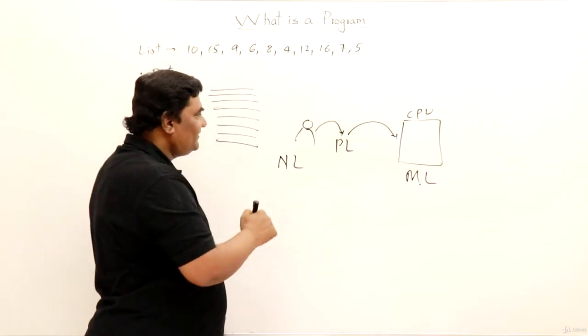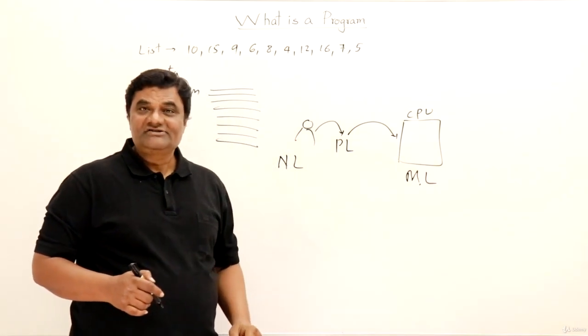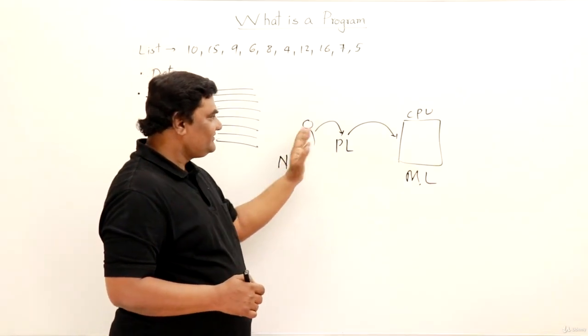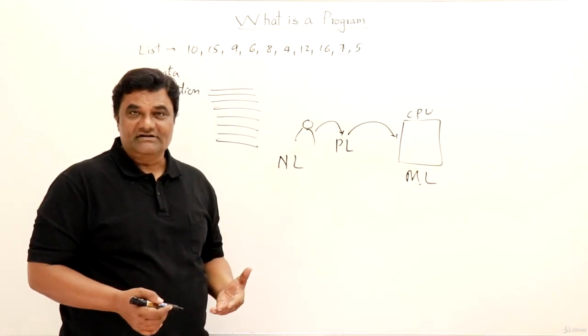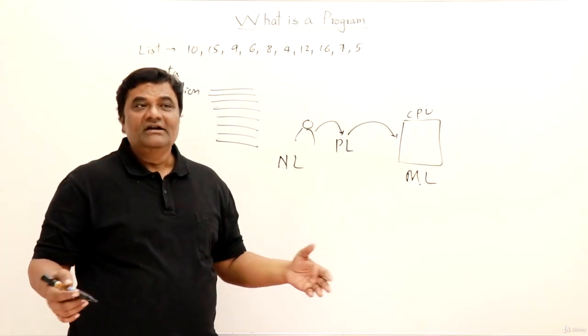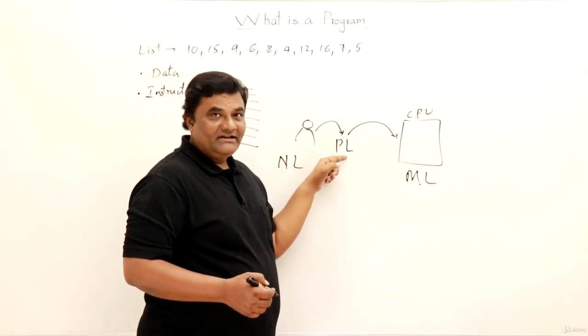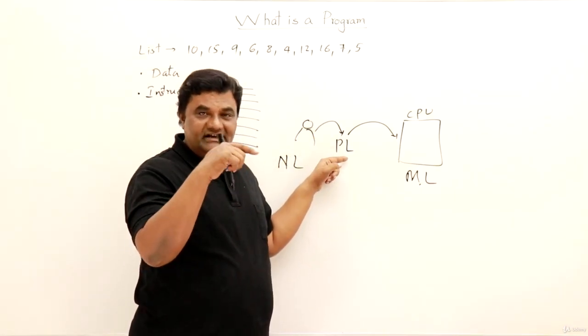So from natural language to programming language, then programming language to machine language, translation is done. This translation is not available by itself, we have to learn it. If that translation were available, then anybody could do programming. You would just say it, and it would become a program. So we have to learn a programming language and write our procedures in that language.